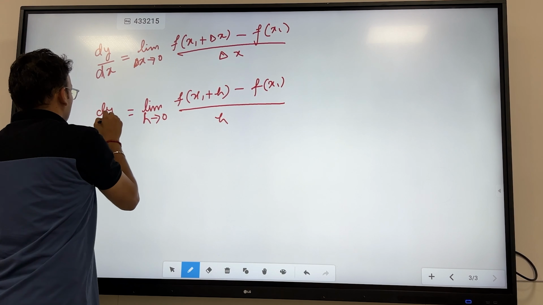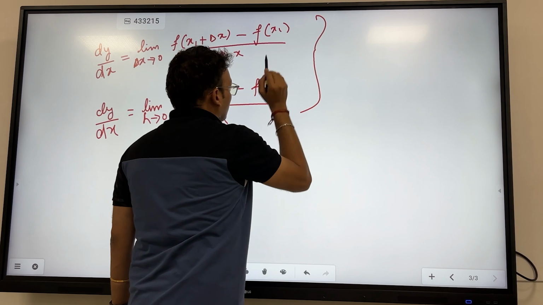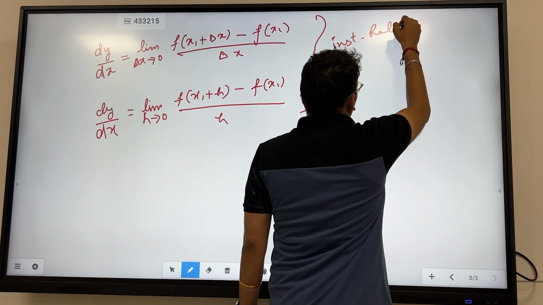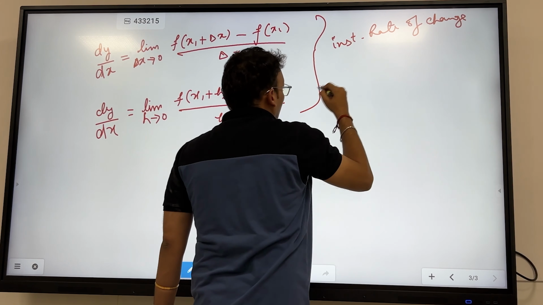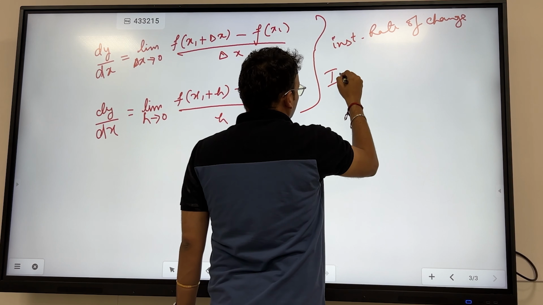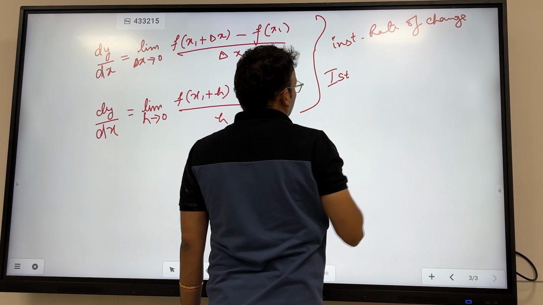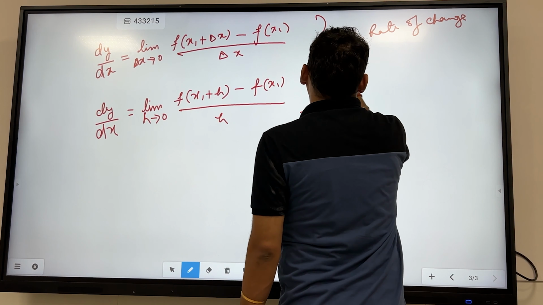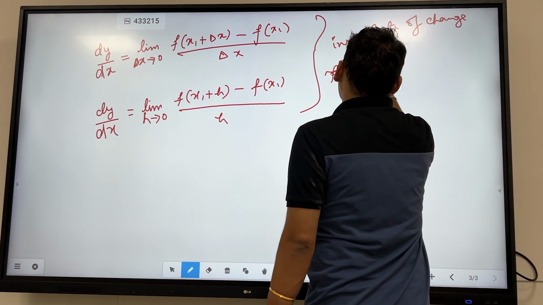And this is known as the first fundamental principle of derivative.